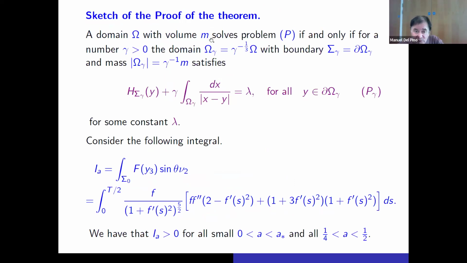A domain omega with volume M will solve the problem P, which is the full problem, if and only if, for a certain number gamma, the domain omega gamma given by gamma to negative 1/3 times omega, with boundary sigma gamma given by this, and mass given by this, gamma to negative 1 times m, satisfies this relation here: mean curvature of the sigma gamma plus gamma times the integral of the Coulombian thing of omega gamma equal to lambda for some constant lambda.